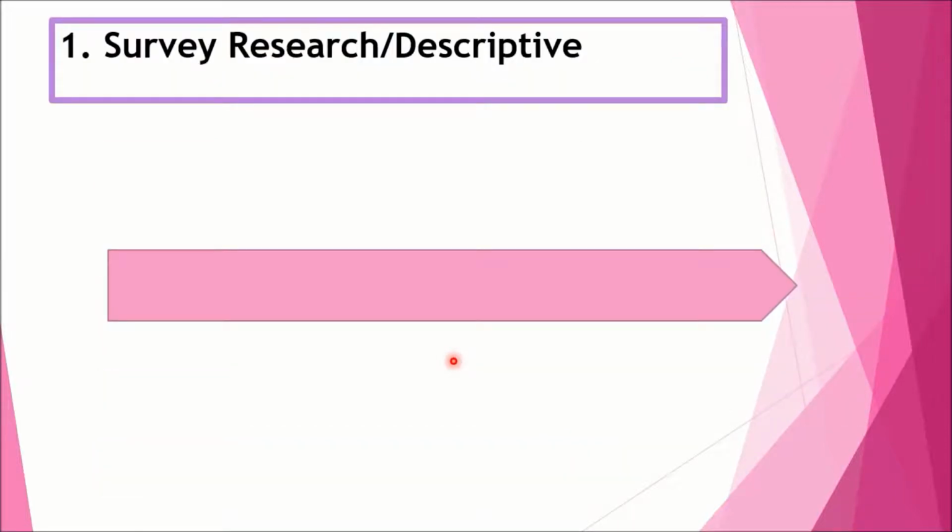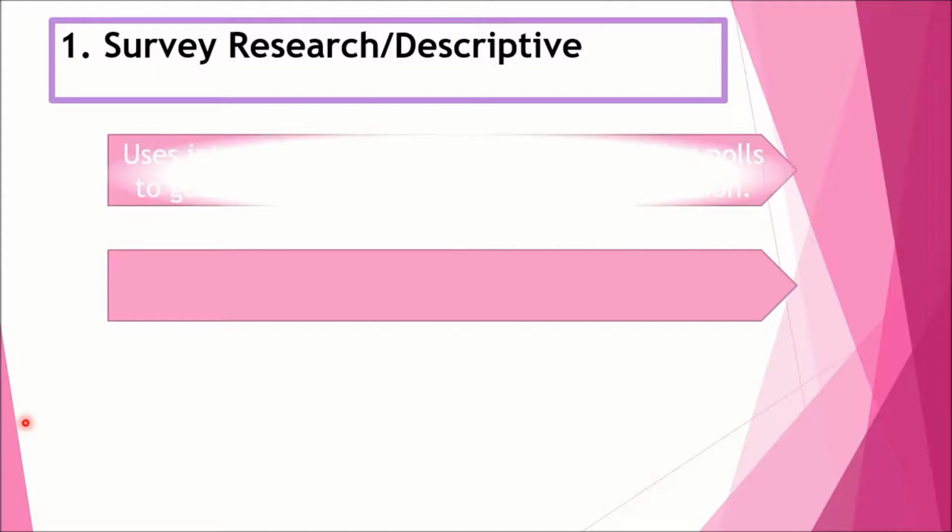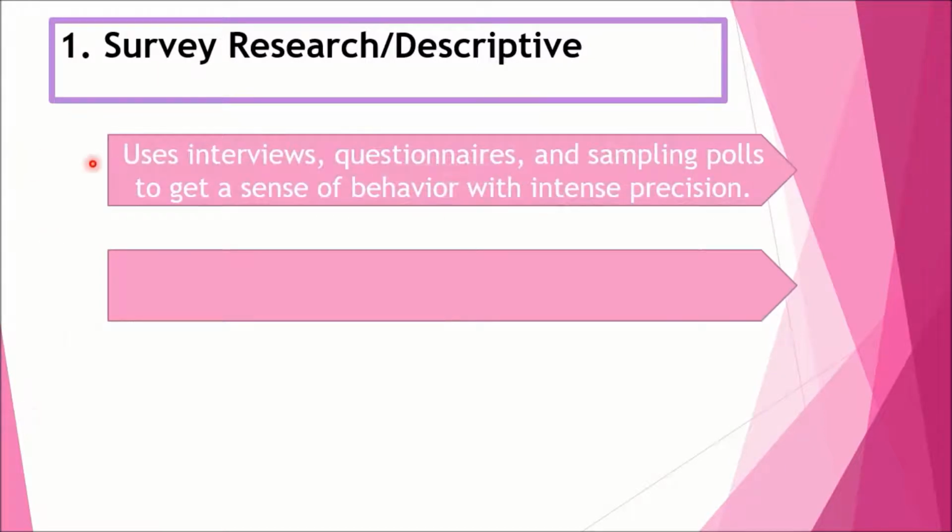So, unahin natin yung survey research descriptive. Ito yung pinakamadali sa lahat na gawing research pagdating sa quantitative research. Okay? So, it uses interviews, questionnaires, and sampling polls to get a sense of behavior with intense precision.